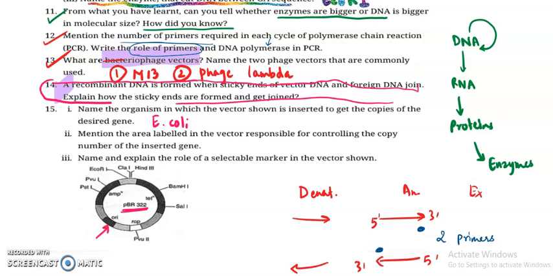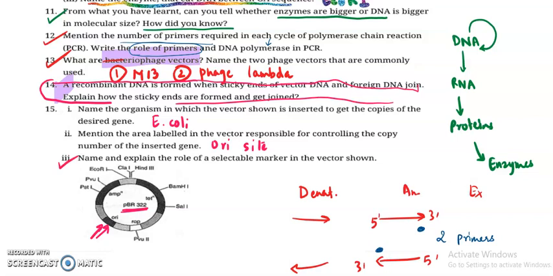Here the area which is responsible is the ORI site. The ORI site is the one that has the origin of replication. So it also decides how many copies could be formed, right? So the answer to this will be the ORI site, and you can show it with an arrow also like this.